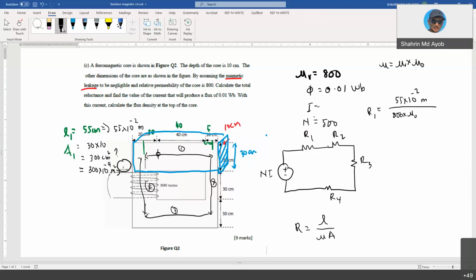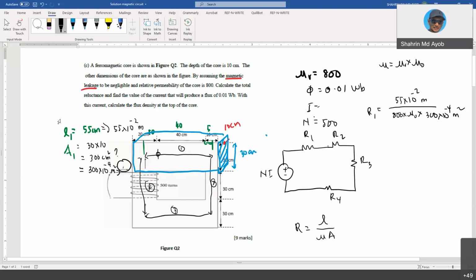You just type constant 33. Mu O is the permeability of air. Multiply with A1, where your A1 is 300 times 10 to the negative 4 meter square. You need to do that for every segment.